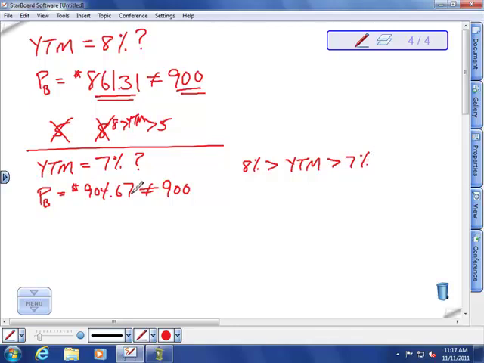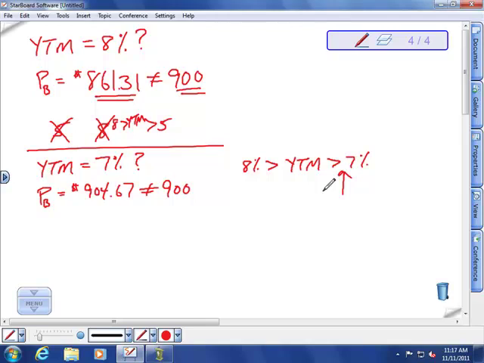And we see that this present value is a lot closer to the price we're trying to find using 7% than 8%. So it's probably going to be very close to the 7% mark, so 7.1, 7.2. We can keep on using trial and error and come up with an exact yield to maturity.